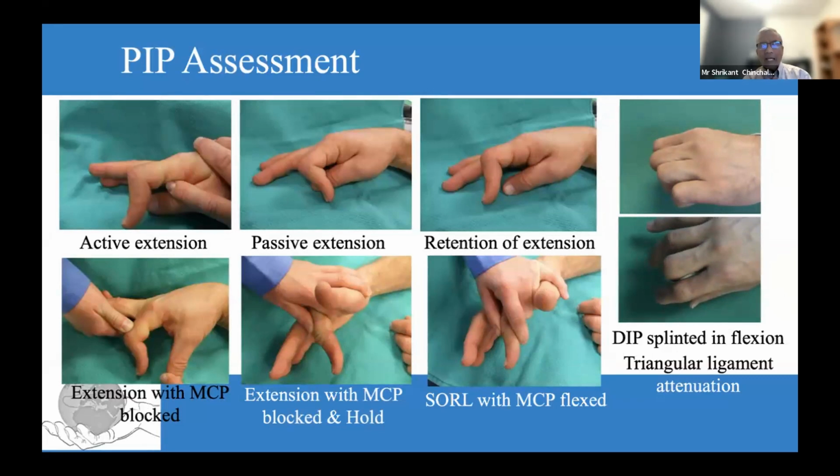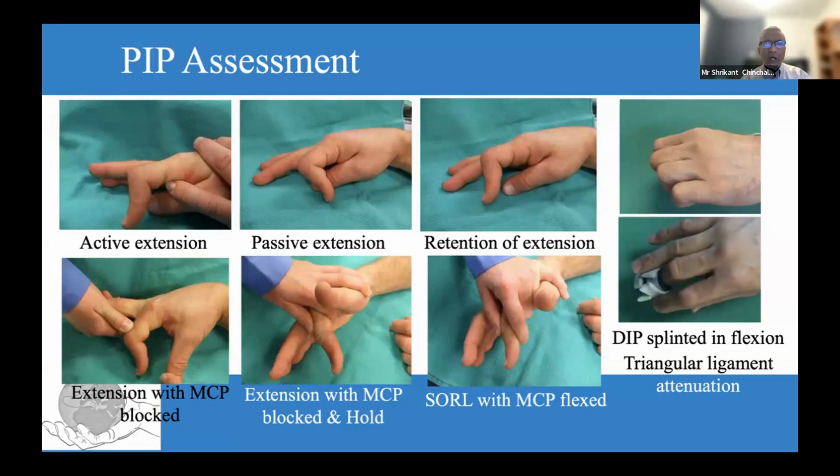Now you may wonder why a DIP joint splint is allowing him to extend, because we know that once you flex the DIP joint, you're gradually bringing the lateral band somewhat closer to the anatomical axis of rotation. So this particular test, by placing the DIP joint in flexion and the patient's ability to extend somewhat, is suggestive of the patient having triangular ligament attenuation.